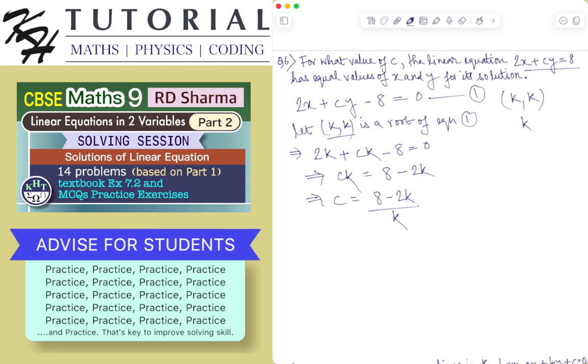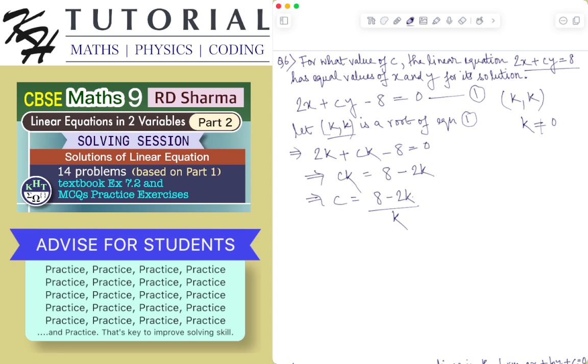But if k is not 0, there could be a lot of values of c, because I can put any value of k other than 0, and we'll get a value of c.